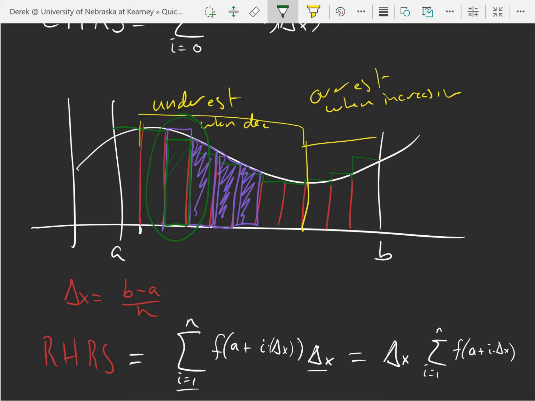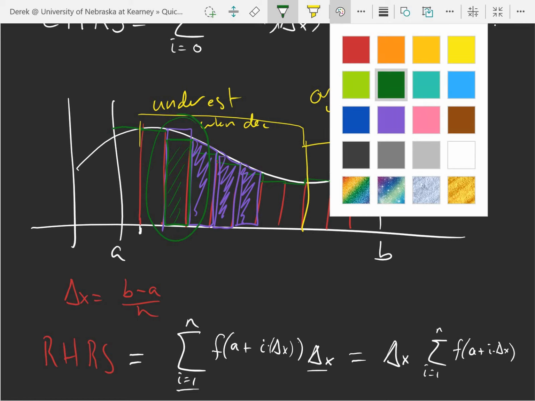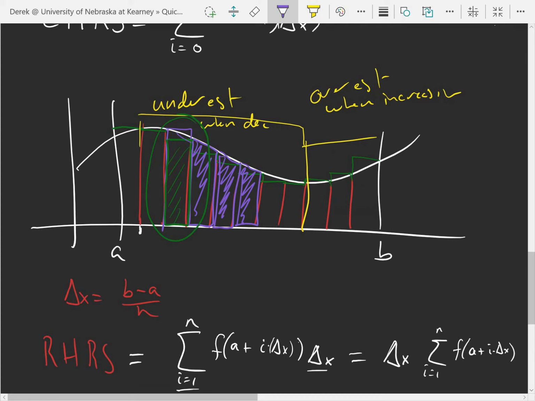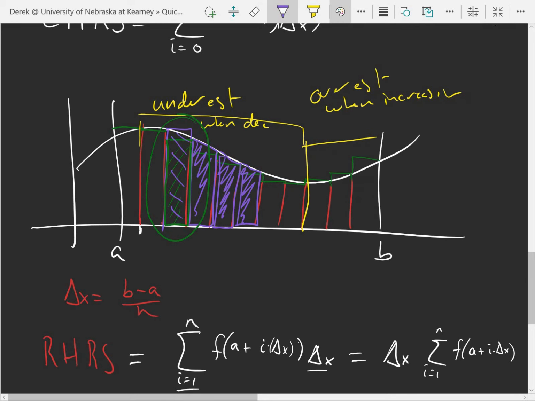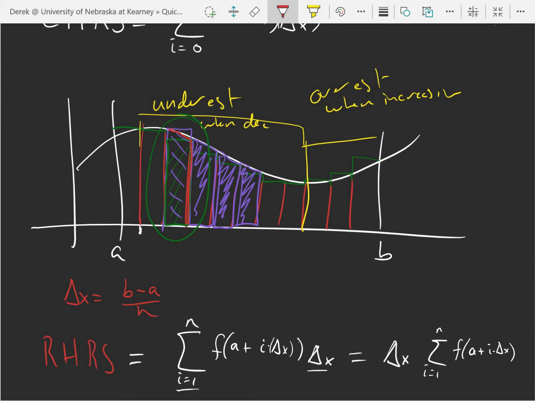The green rectangle is the right-hand sum, and the purple estimate here is the left-hand sum, and the trapezoid would be halfway between them, right? If I look at this trapezoid here, it's halfway between the green estimate and the purple estimate.